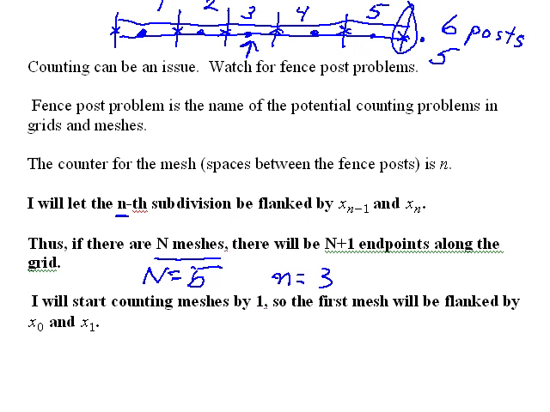Now, the fence posts are really values of x, because this is the x-axis in our one-dimensional problems. Here's the y-axis. All right, so I'm going to start counting the meshes by 1. So the first mesh is mesh number 1.